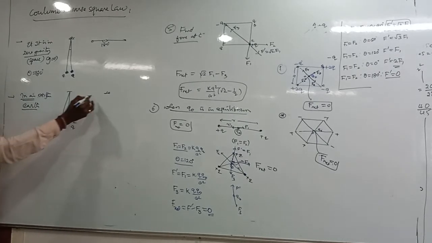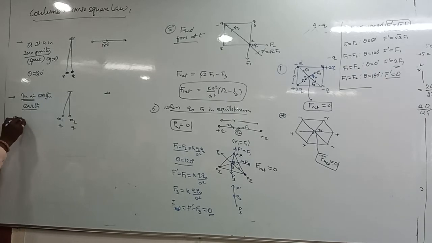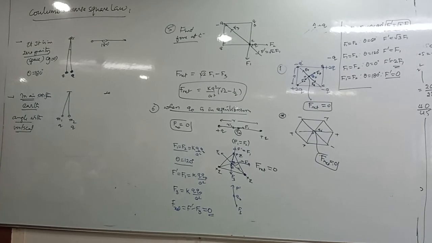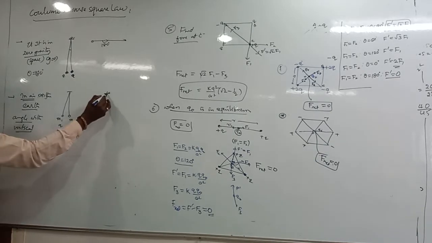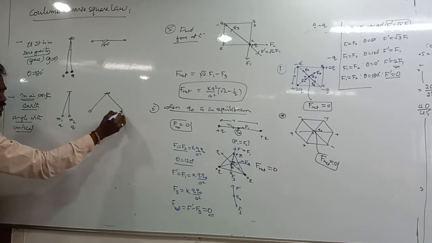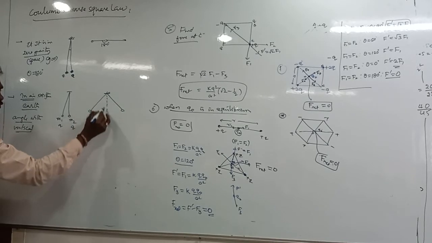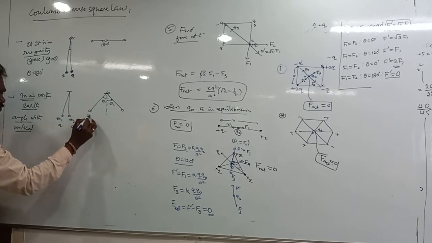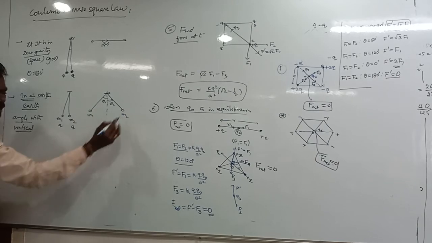What is the angle between them with the vertical? By each charge, what is the angle it is making with its vertical? It is theta 1 and theta 2, with masses m1 and m2.